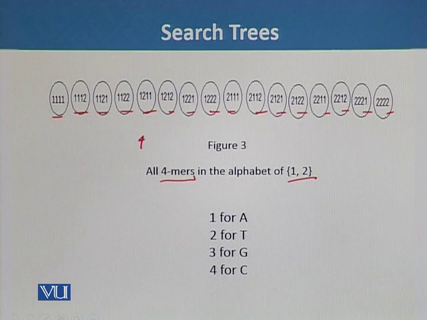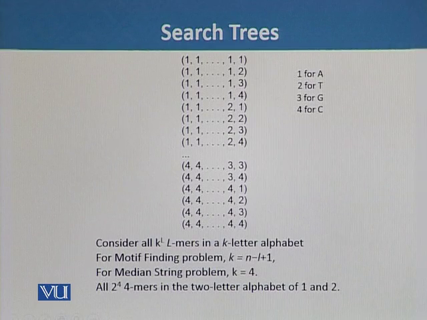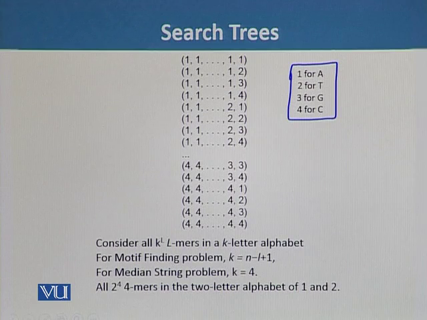So by using this arrangement, if we assign 1 number for adenine, 2 for thymine, 3 for guanine and 4 for cytosine, then we will come up with these types of numbers. Here we can see very clearly that we have replaced adenine, thymine, guanine, cytosine with the numbers 1, 2, 3, 4.